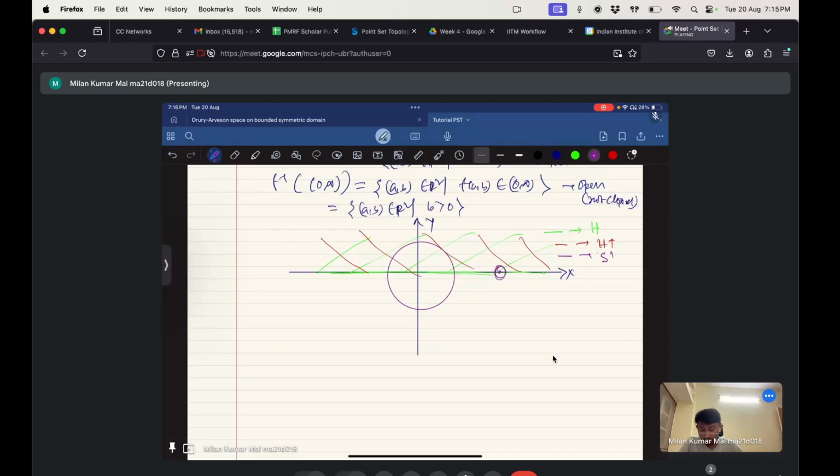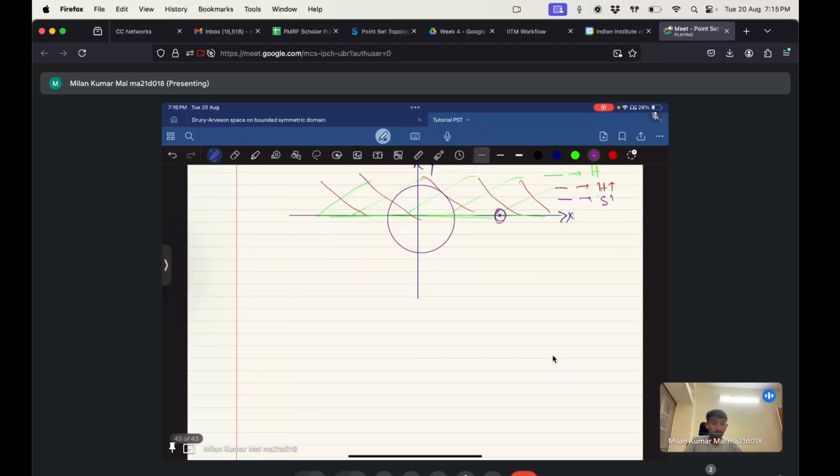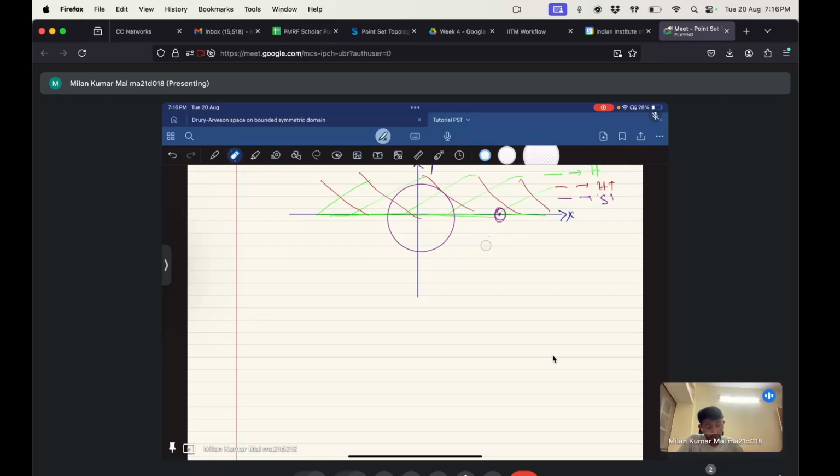A set is closed if and only if every limit point is in it, that is, if x_n converges to x, then x should be in the set. Basically, we can take a point here which is not in S1 union H plus, but we can get a sequence from S1 union H plus which converges to that point.